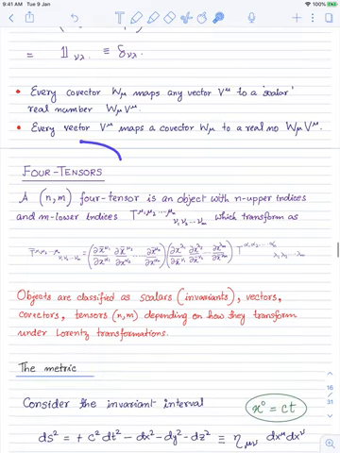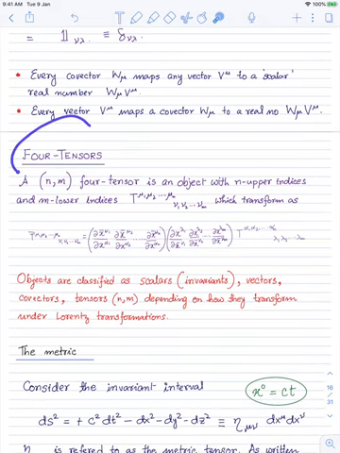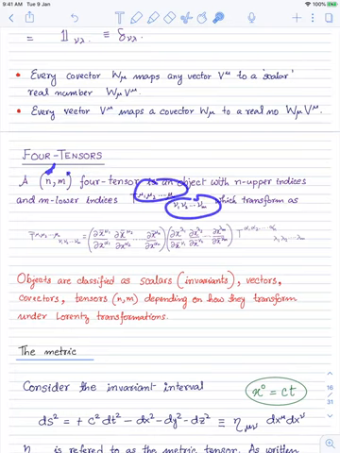And then we have 4 tensors. The 4 tensors are essentially objects now with, let's say, n upper indices and m lower indices. Of course, I have to now distinguish between the upper and the lower indices because they transform differently. Corresponding to every upper index, you put in a lambda, and corresponding to every lower index, you put in a lambda tilde.